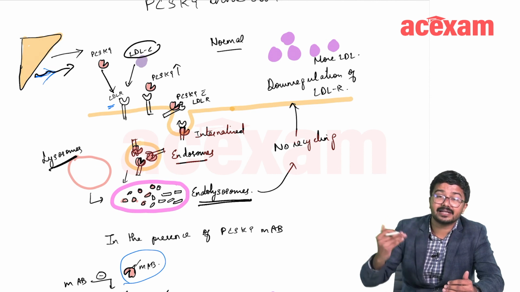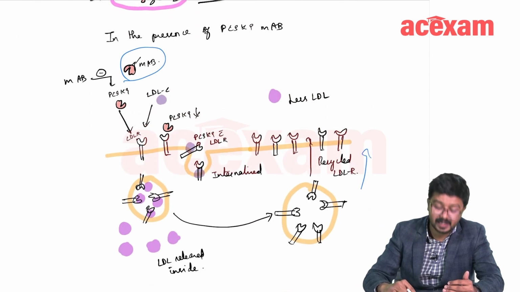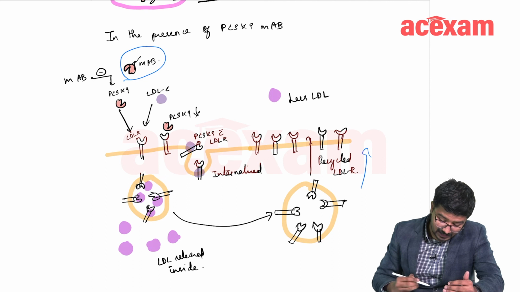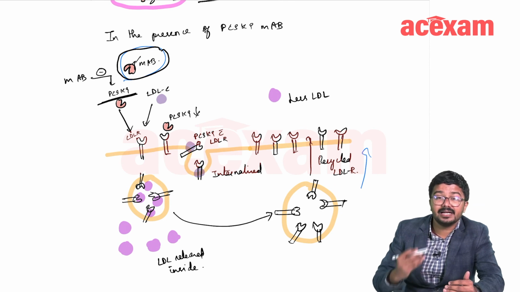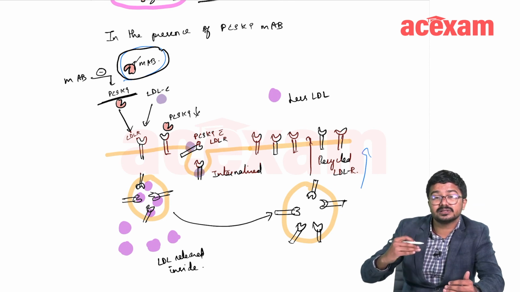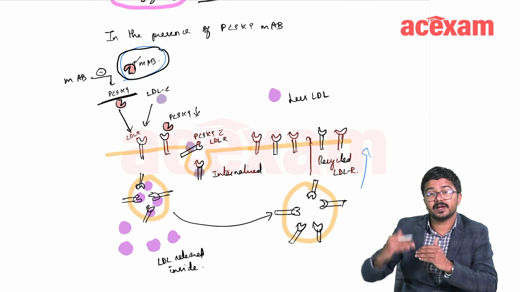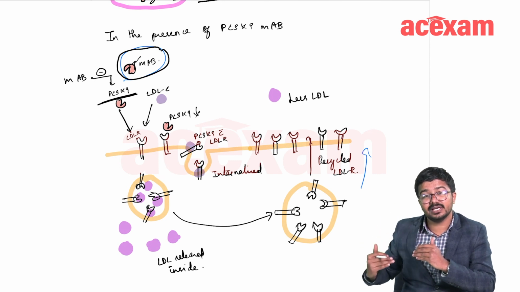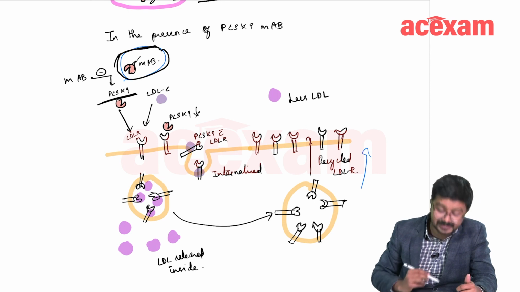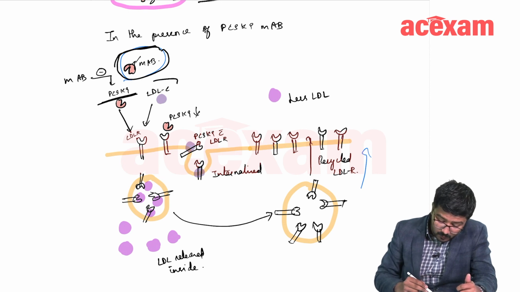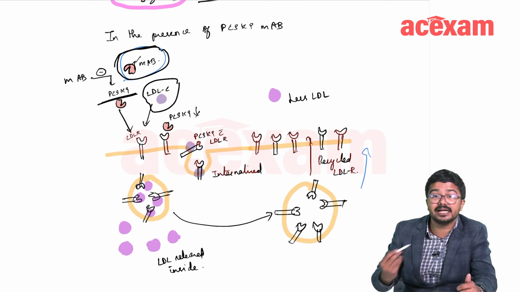In order to tackle this, scientists have developed monoclonal antibodies against PCSK9. These monoclonal antibodies bind to PCSK9, so there is less competition for LDL getting attached to the LDL receptor. Since the antibody is attached to PCSK9, the LDL is now free to attach to the LDL receptor.